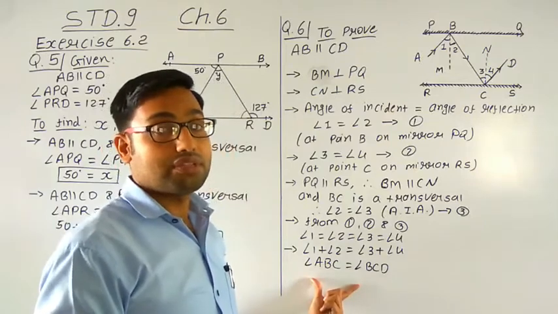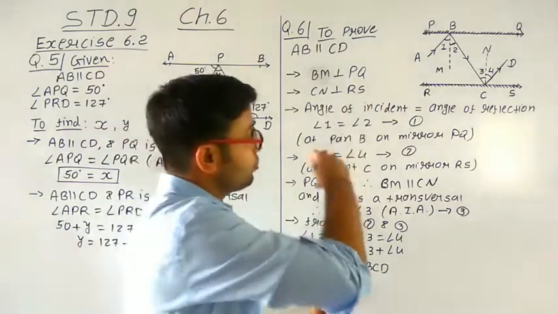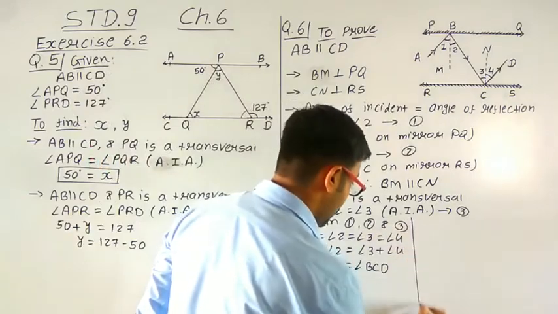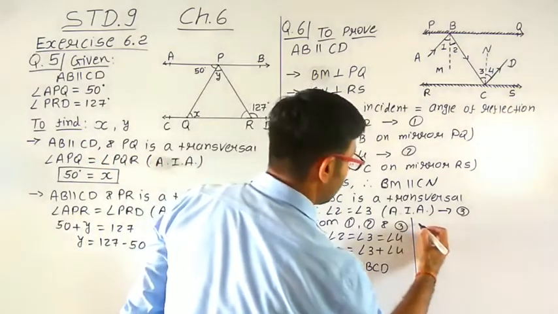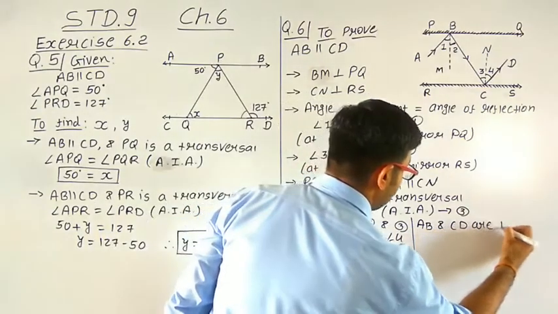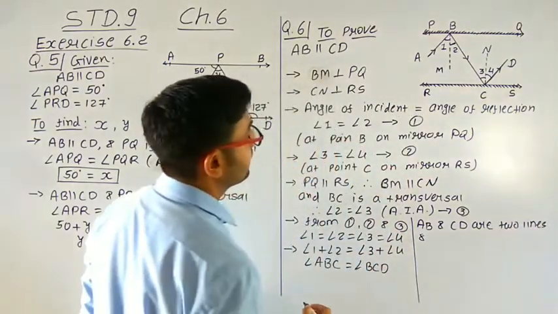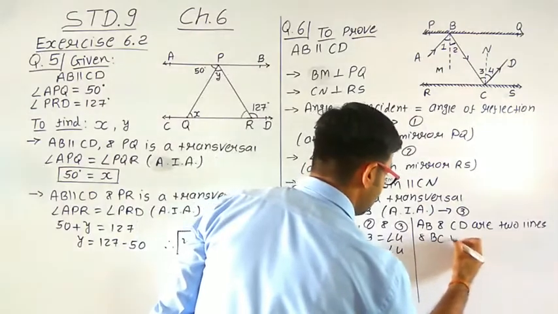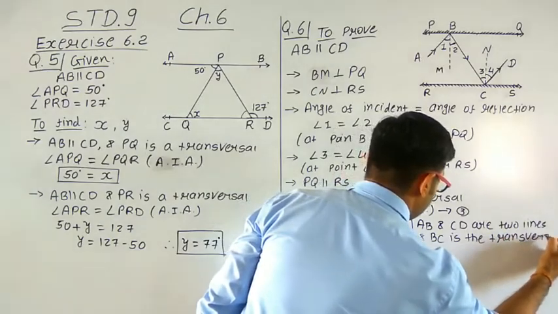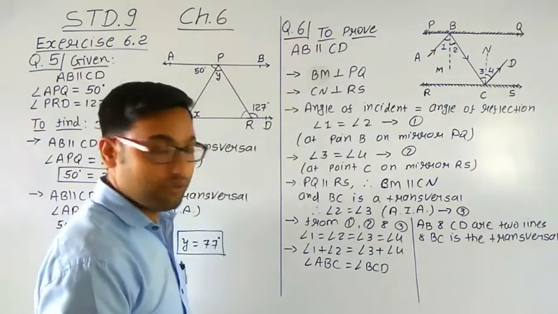So according to theorem 6.3, if two alternate interior angles are equal, then the two lines are parallel to each other. So if we consider AB and CD as two lines, BC is the transversal, and these two angles are equal.